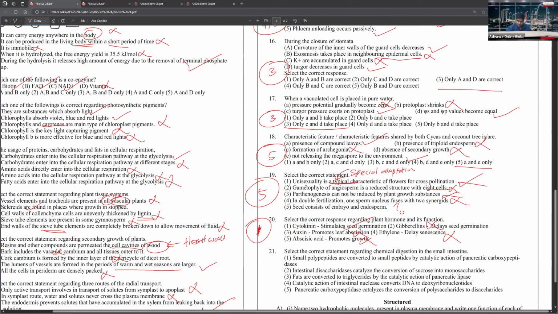Question number 21, select the correct statement regarding chemical digestion. Small polypeptides are converted to small peptides by pancreatic carboxylase. Amino acids also, no? Not sure.